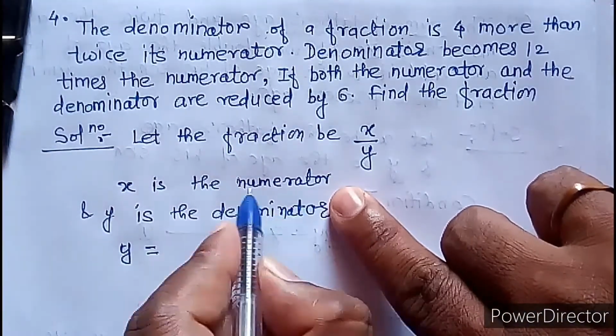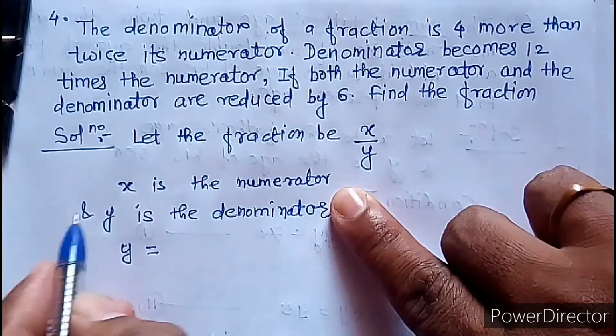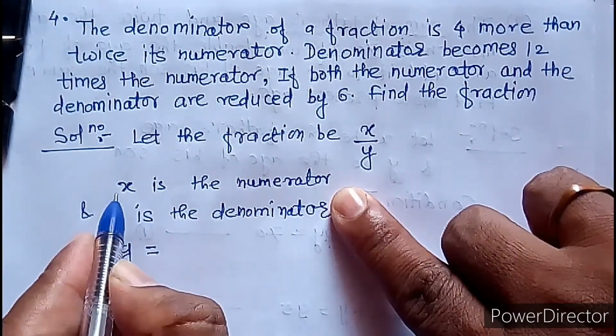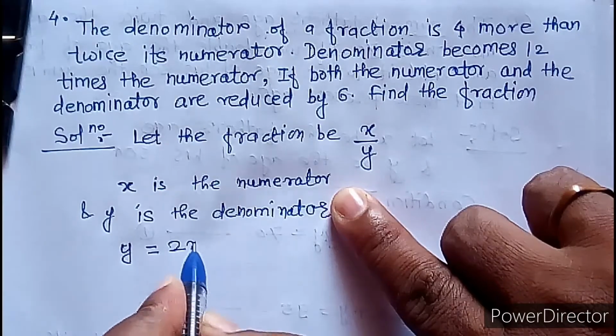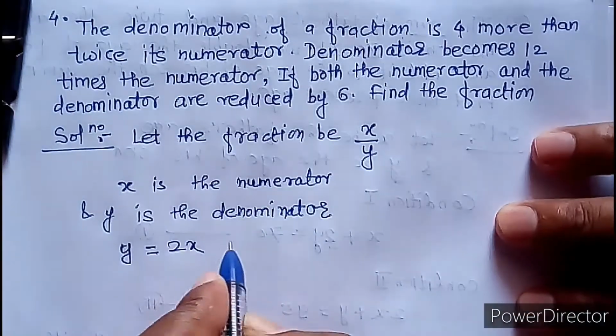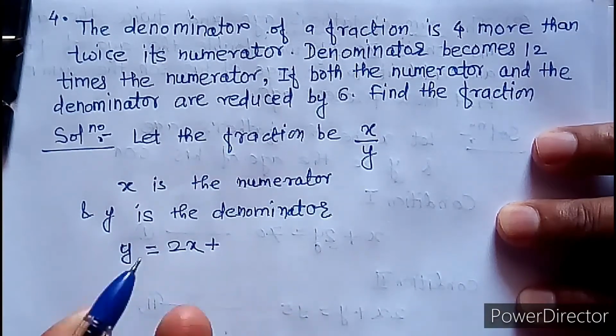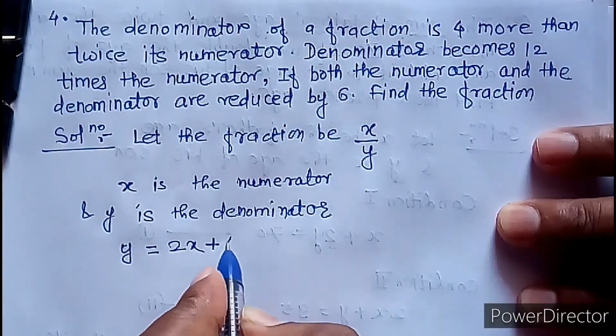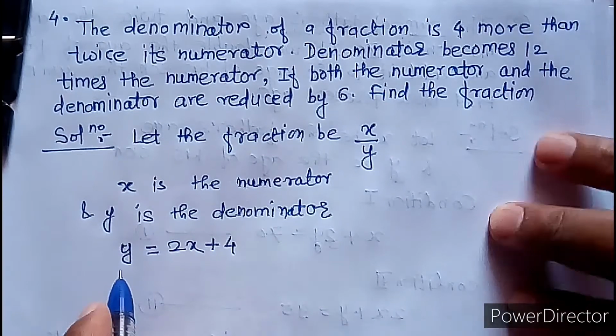The numerator is x, so to take twice of it you multiply by 2, it becomes 2x. And 4 more means we add 4 to twice the numerator.